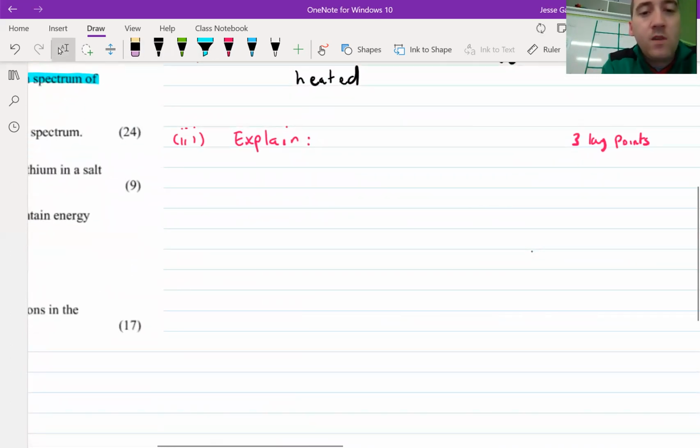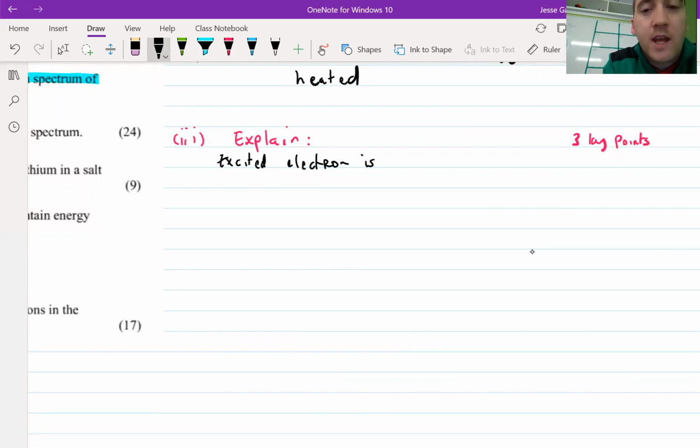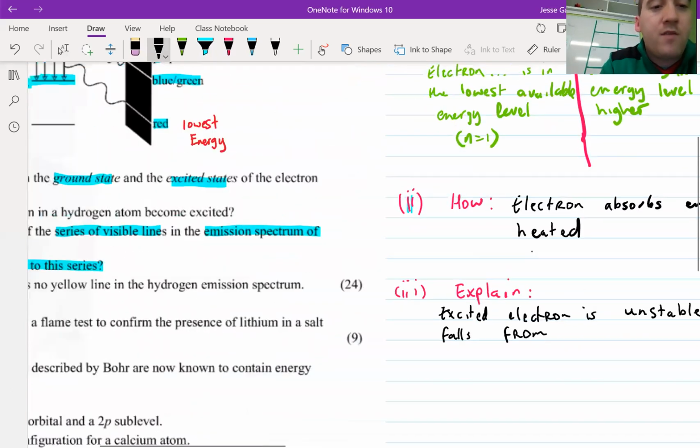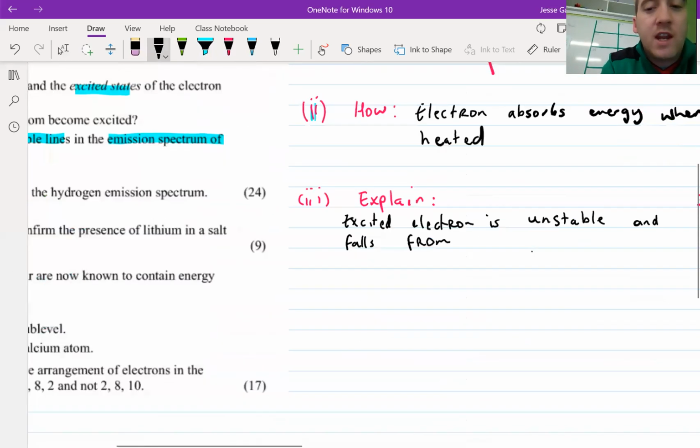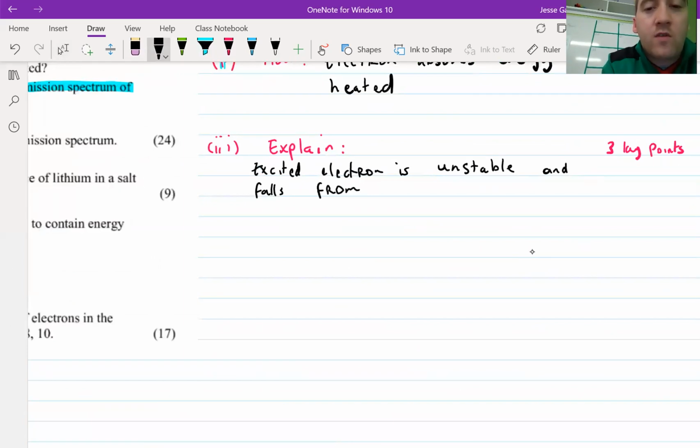Explain. So what we're going to say here is the excited electron is unstable and falls from, well, where does it fall from? It can fall from any of these higher energy levels, so from a higher energy level.